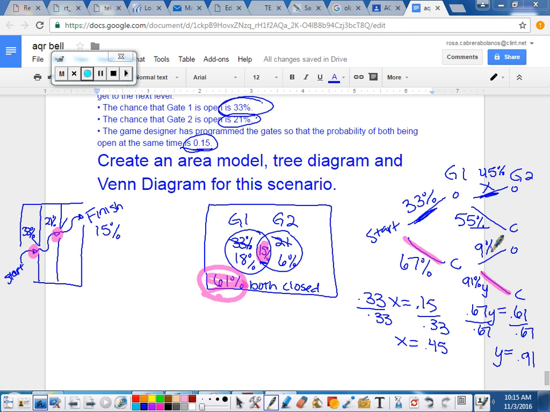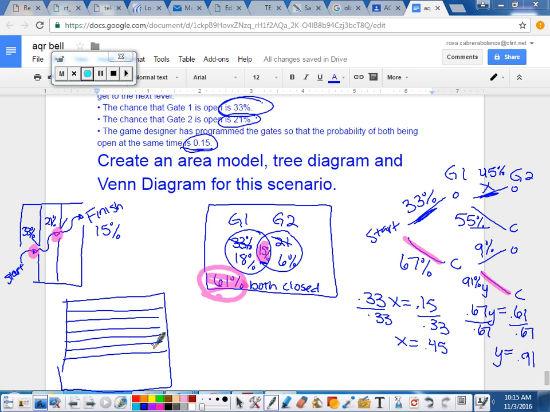And then finally we need to make an area model. And we said the easiest way to make the area model was to divide it into 100 pieces because percentages are out of 100. So I'm going to make my rectangle and divide it into 100 pieces. Okay, I have 100 pieces.